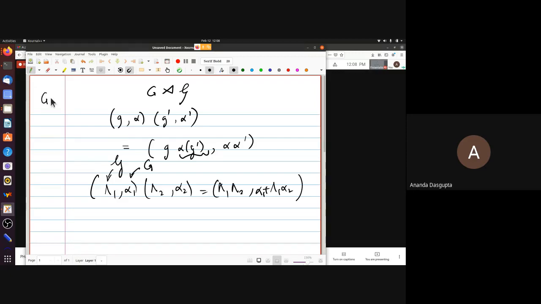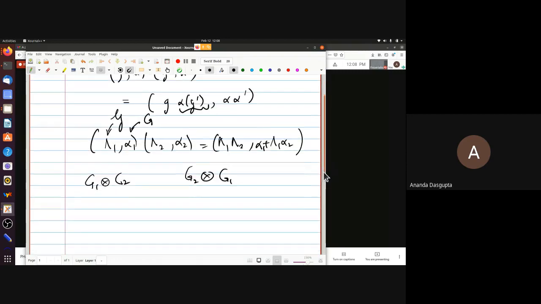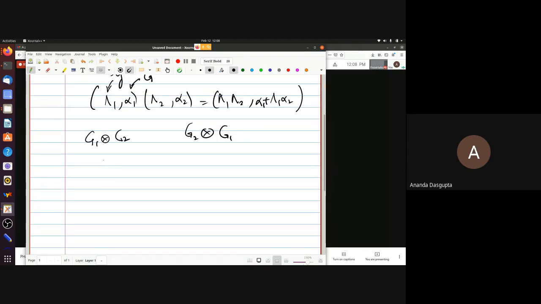Unlike direct products, where you are taking the direct product of two groups, it doesn't matter which one comes first and which one comes next. You end up with the same structure either way, right? Of course, if instead of G1 direct product G2 you did G2 direct product G1, the elements would be different. Here the typical element will be (g1, g2), and there it will be (g2, g1).